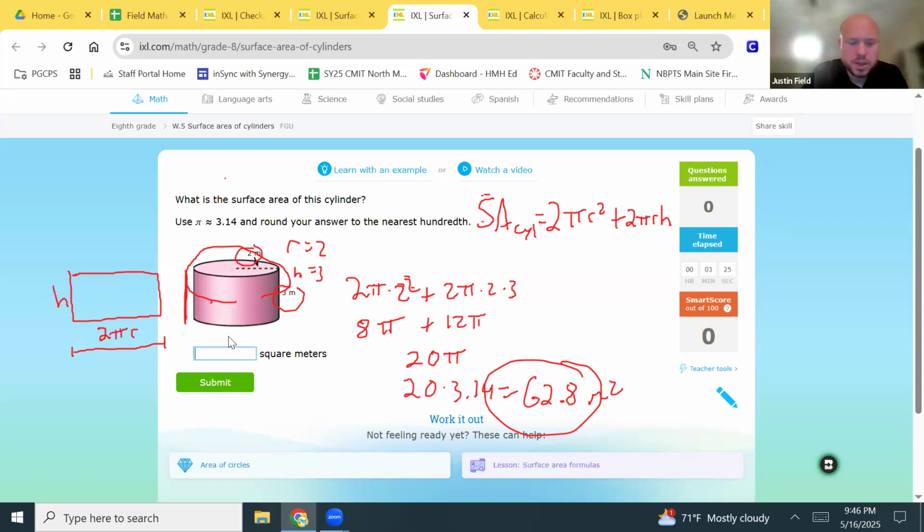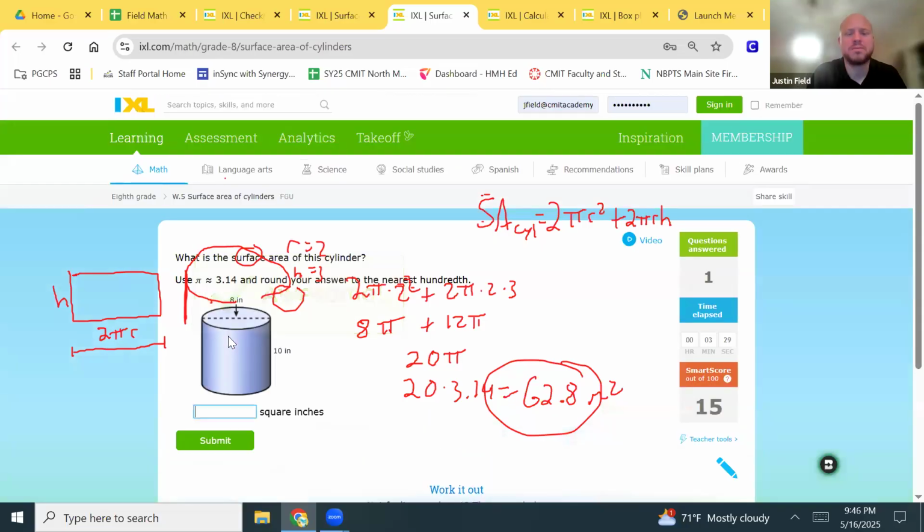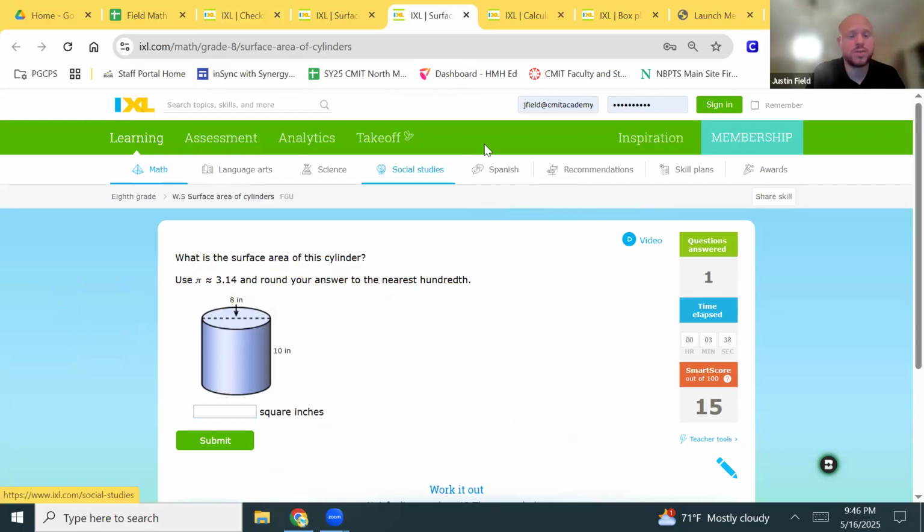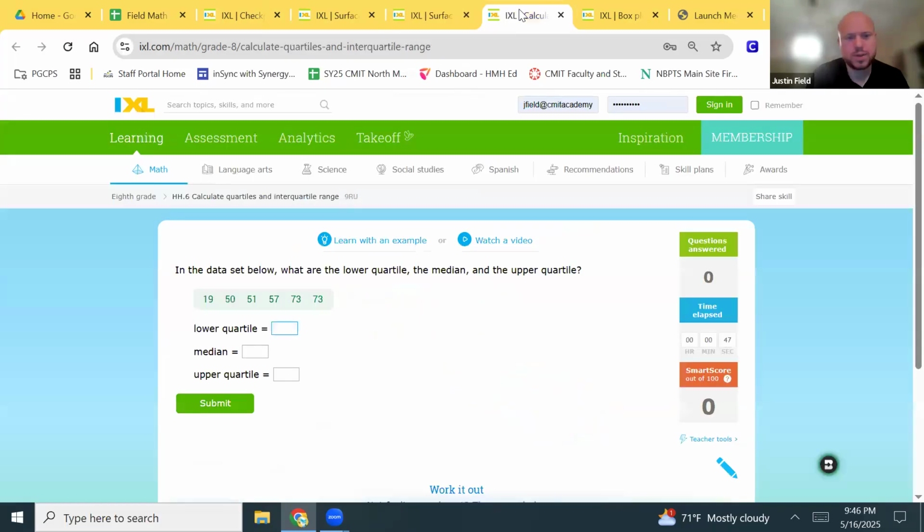So let's verify. There. Okay, so that shouldn't be any harder than that. The only thing they could do to make it a little bit more difficult is give you the surface area and ask you to find the radius or the height, which would just be solving an equation.